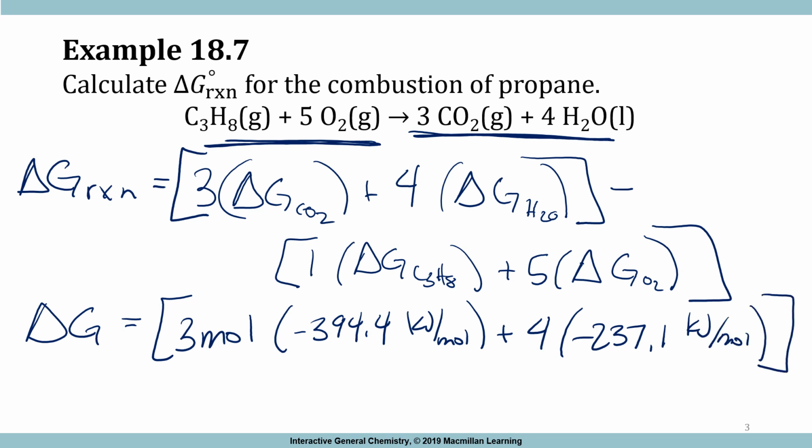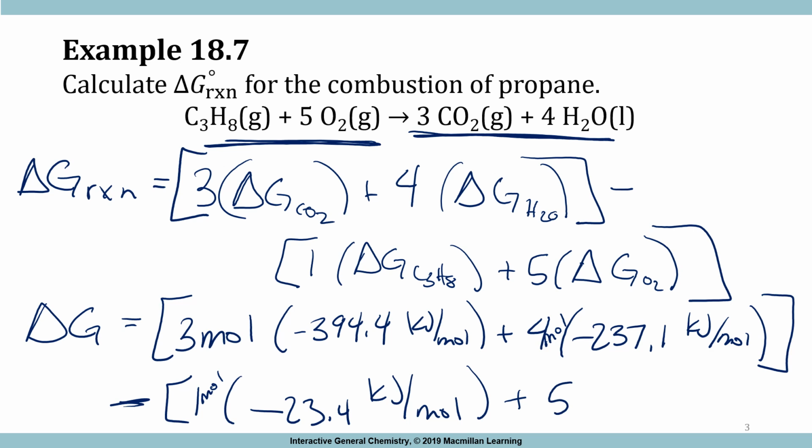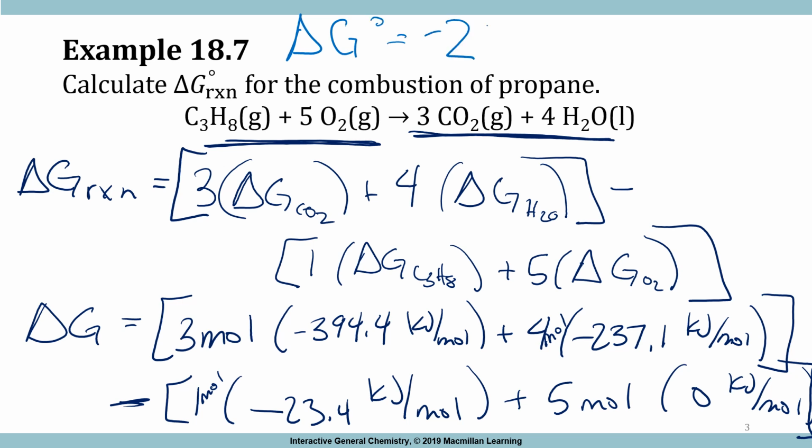And that's going to be your sum of your products minus your sum of your reactants. I forgot to write it all out, but don't forget your mole out front. So if you plug all of that in, I get a delta G value for this reaction equal to negative 2108.2 kilojoules.